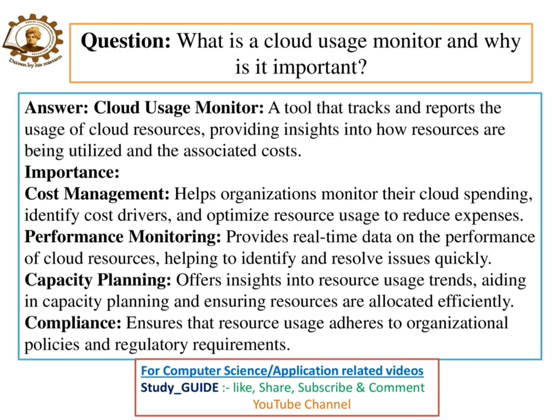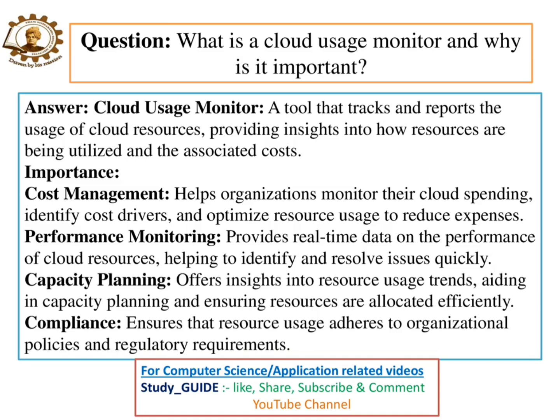Next thing is cloud usage monitor. It tracks resource consumption to optimize cost and performance. Let's take an example of it. A financial service company using a cloud usage monitor to track and manage cloud cost, ensuring they stay within budget while maintaining optimal performance for their applications.